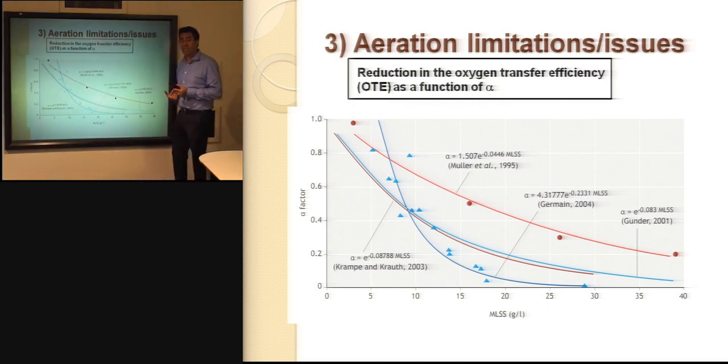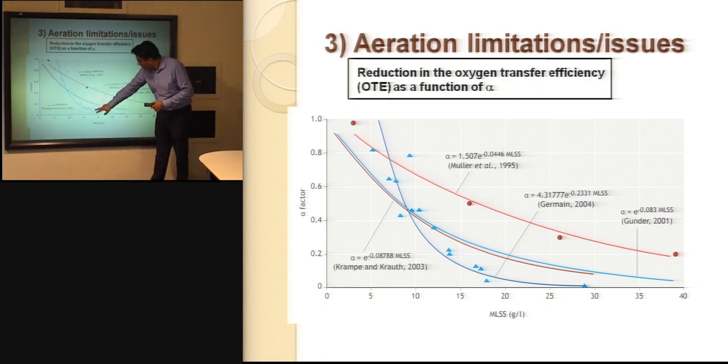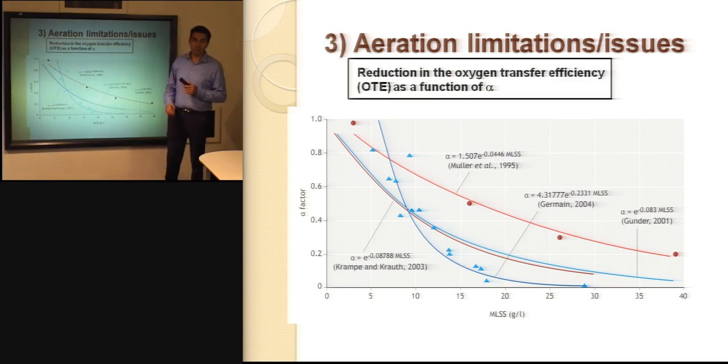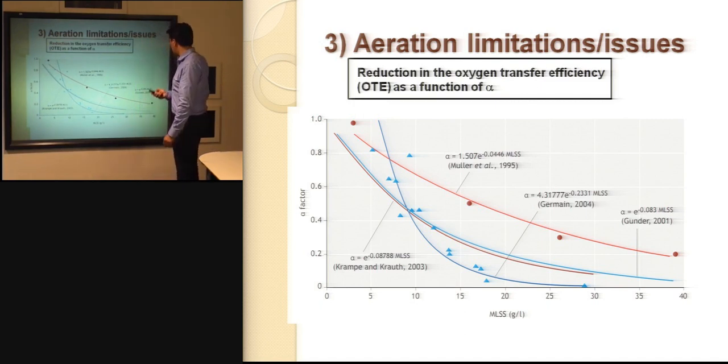However, if we start to increase the amount of solids, or if there is a higher accumulation of solids, that transfer capacity will drop considerably, and already at around 10 grams per liter, the capacity will be about 50%. And if we continue to increase it, we'll reach very low values already at 20, 25 grams per liter, 20, 25 kilograms of total suspended solids per cubic meter. A big decrease in capacity.